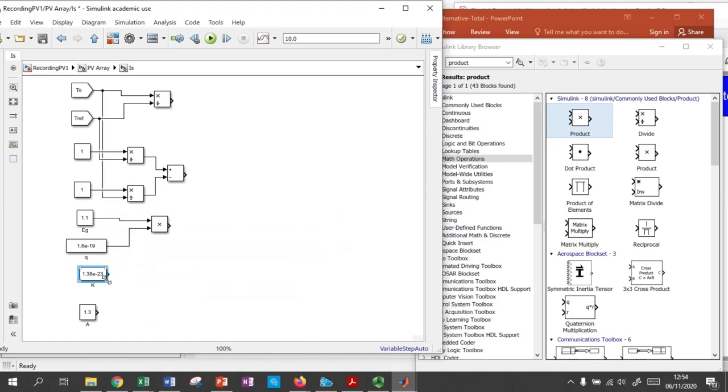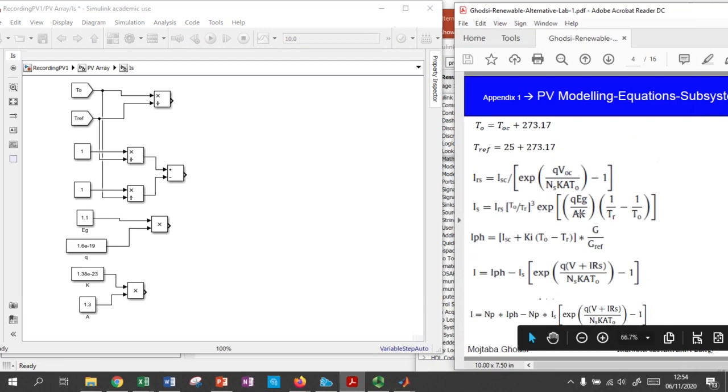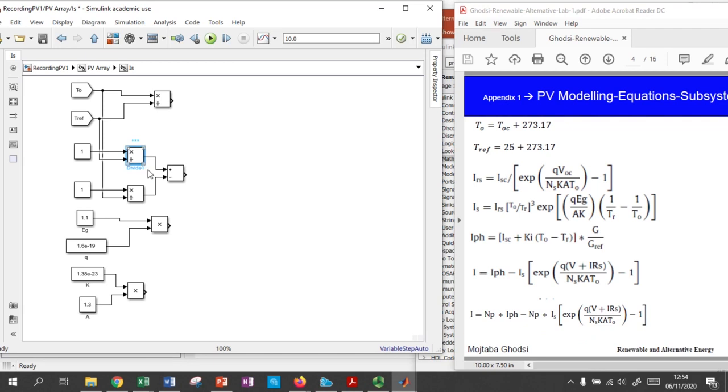There are the K and the A, yes, there are these two values that we can find here. Then we multiply. Control C, Control V. This is the K. They should multiply them together. And as you can find here, Q times EG divided by K. Then we need one. Control C, Control V. We can put it here.